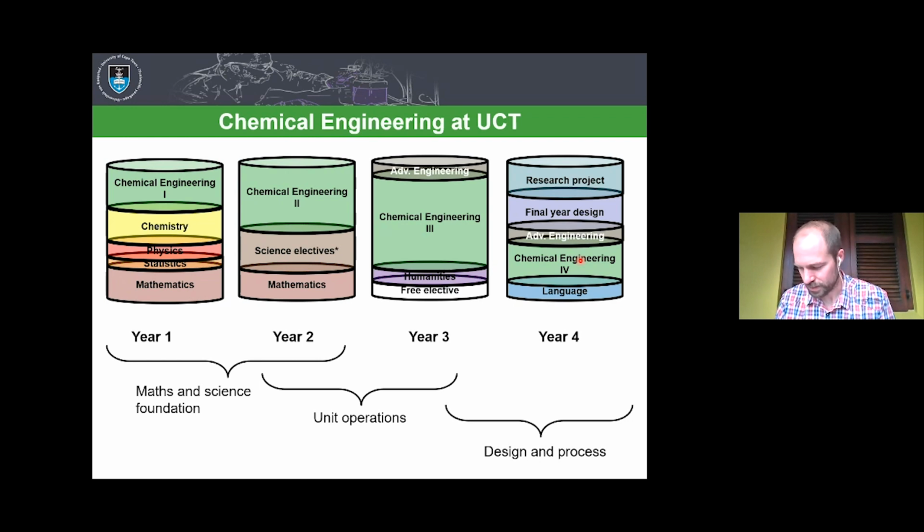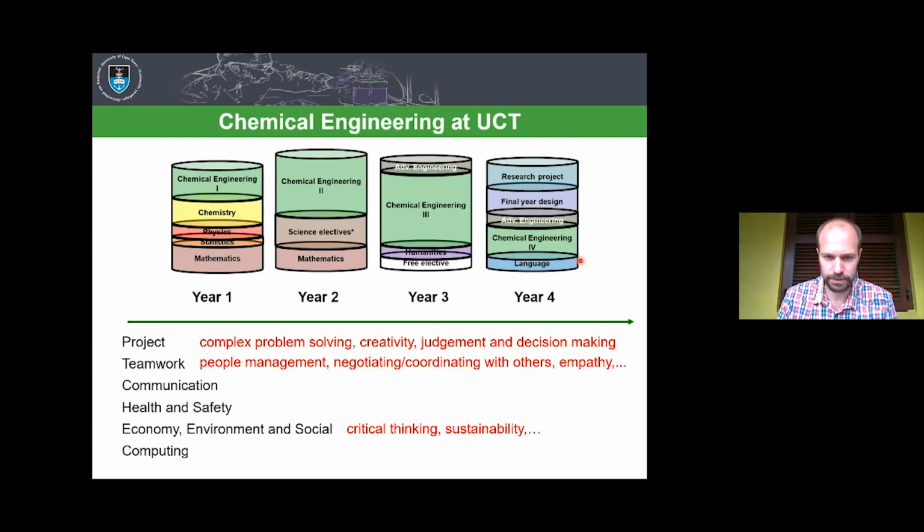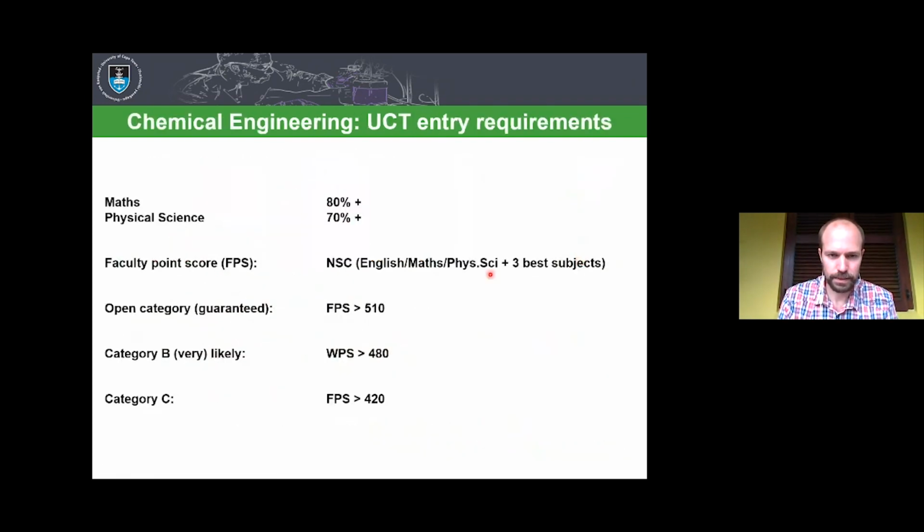There's a question about how much is needed for English. As far as I know, there's no real minimum score on that. What we do is we add up your English, your maths, your physics, and then your 3 other subjects. So if you're not scoring well in English, you need to score really high in all of the others, because it does get added into the average.